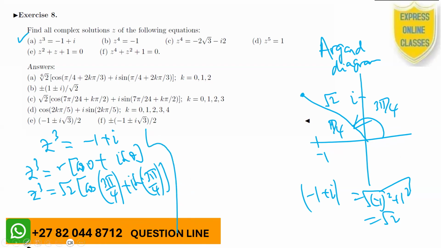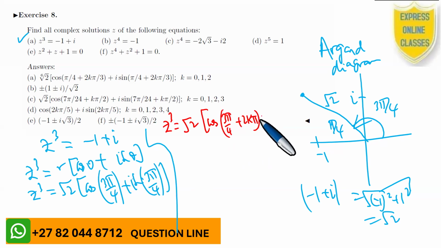Okay. So we're going to do z cubed. Okay, then we're going to add 2k pi.